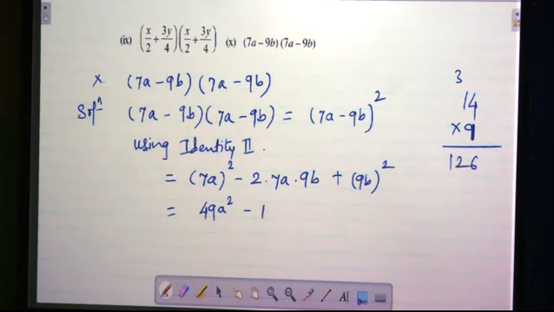It is 126ab plus (9b) bracket square, it becomes 81b square. So, the final answer is 49a square minus 126ab plus 81b square.